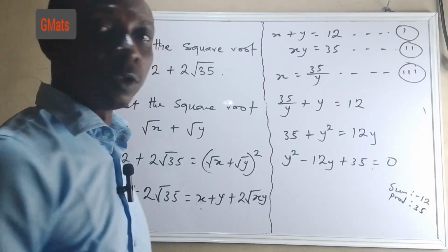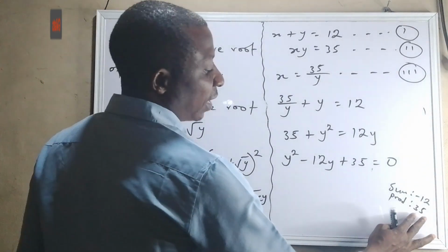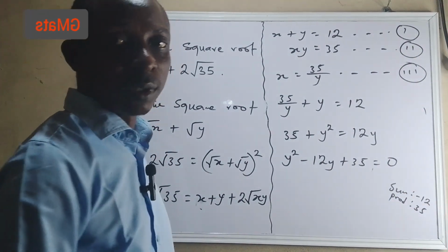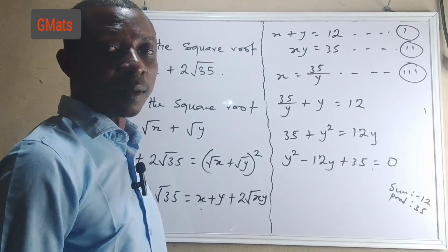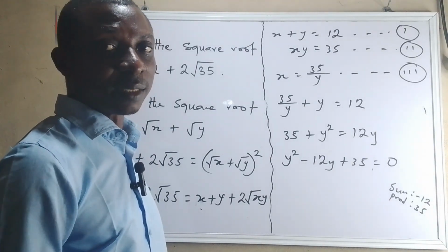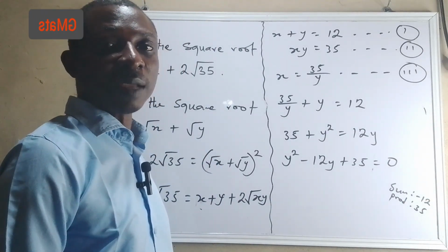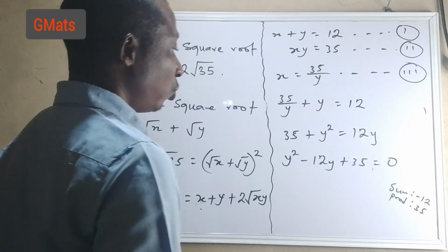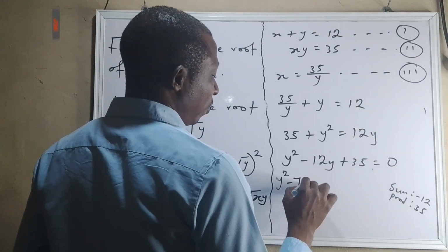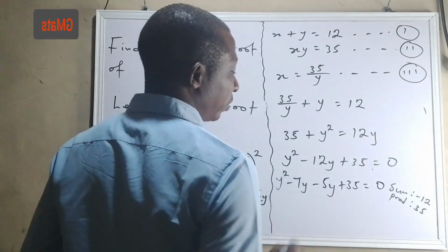So we look for two numbers such that when we multiply together we have 35, and when we add together we have minus 12. The two numbers are minus 5 and minus 7, because minus 7 times minus 5 is 35, and minus 7 plus minus 5 gives you minus 12. So this equation turns to y squared minus 7y minus 5y plus 35 equals 0.